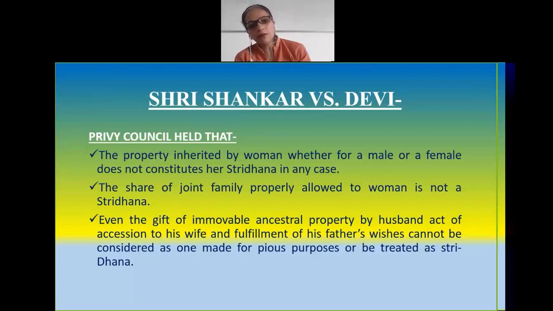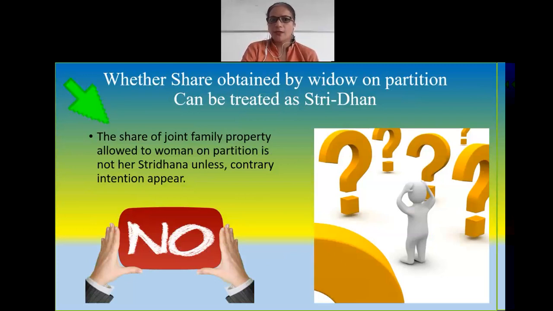Next, even a property in the form of immovable ancestral property, transferred by a husband to a wife as a gift, as an act of accession to his wife and in fulfillment of his father's wishes, cannot be considered Stridhan and is made for pious purposes.